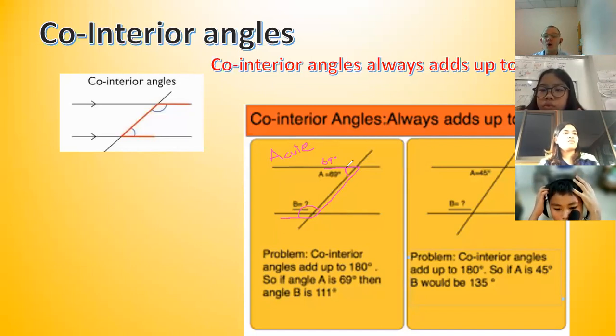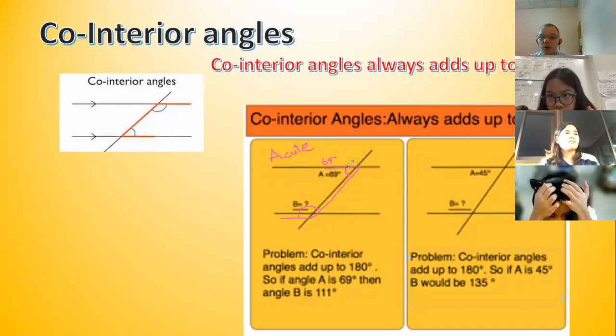That always add up to 180. So in a test, I will give you an example like this and tell you angle A is 69 degrees. What is angle B?